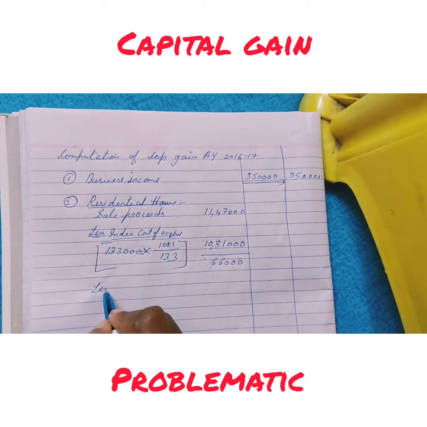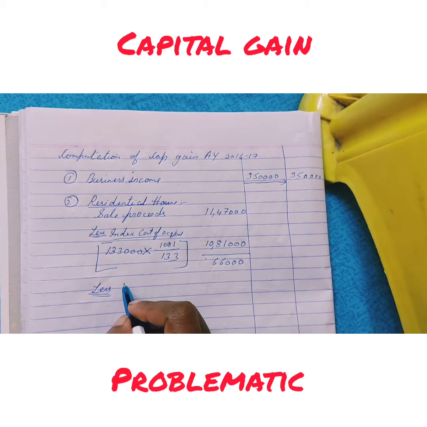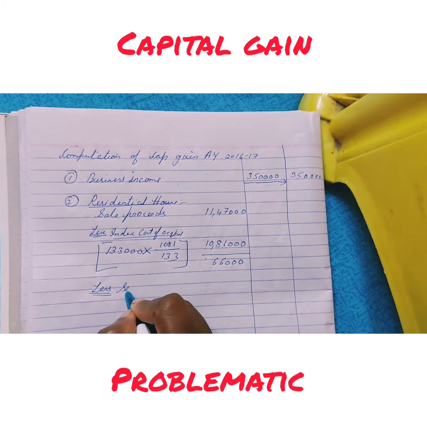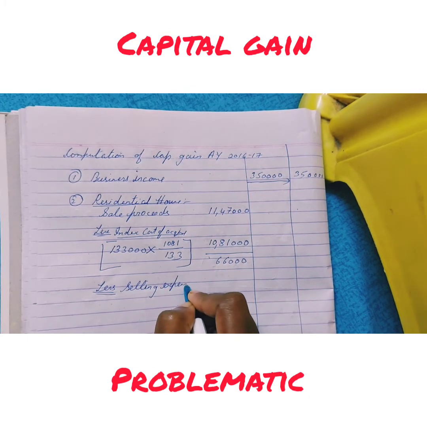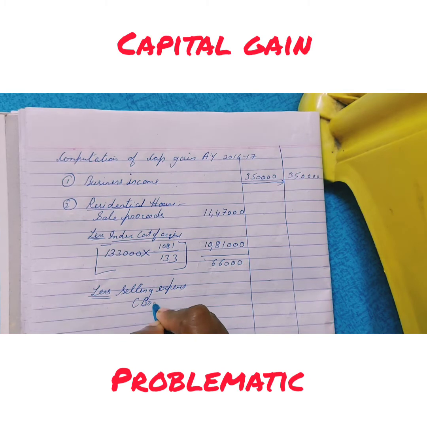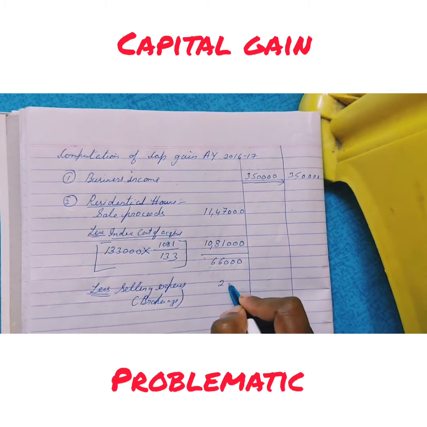Less selling expenses, that is nothing but brokerage. Brokerage is around 2,000.